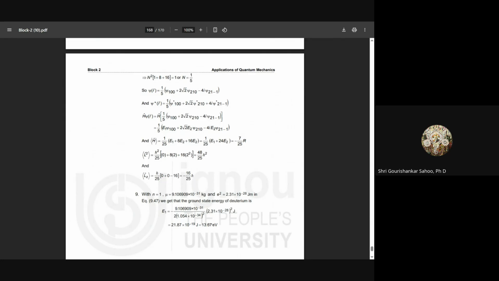You can use the equation E1 equals minus 9.106909 x 10^-31 multiplied by (2.31 x 10^-31)^2 divided by 2 into (1.054 x 10^-34)^2 whole squared, in joule, and it will be equal to 13.67 eV or 21.87 x 10^-19 joule.